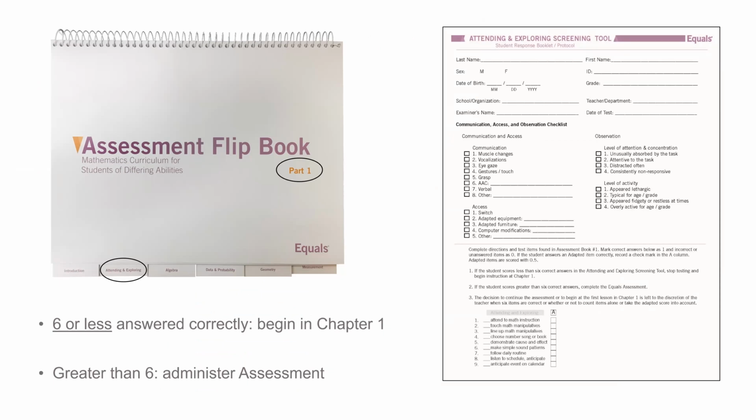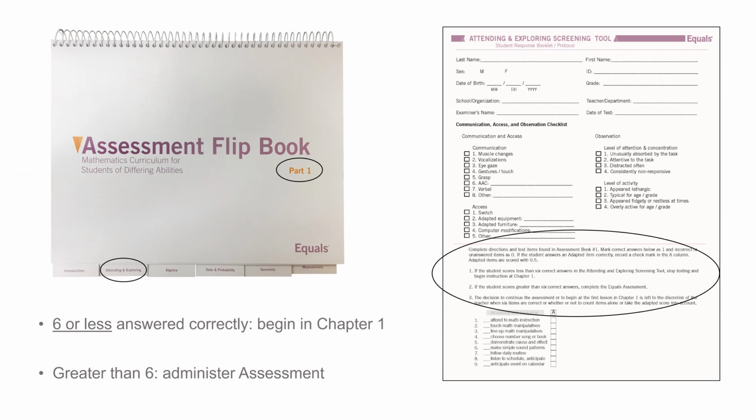This could happen quite easily with a student you haven't had before. If you want to begin your students in the assessment, even though you think they'll probably end up in chapter 1, that's up to you. Some teachers like to have those scores to compare what the student is learning year to year. Then you give the assessment year to year.